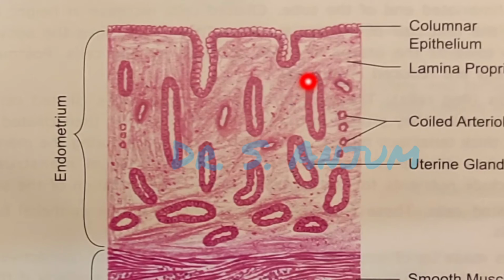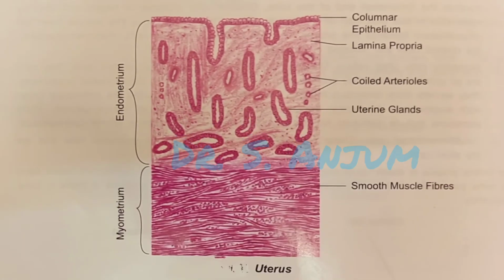The glands are straight, tubular. These are the identifying points in the proliferative phase, and there is presence of multiple uterine glands, numerous uterine glands in the stroma or in the endometrium, and the outermost layer is lined by columnar epithelium. This one is columnar epithelium.